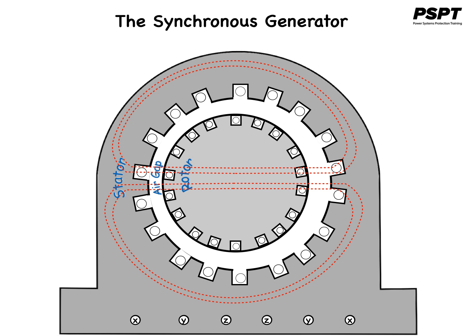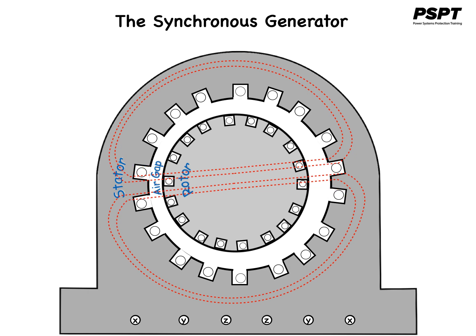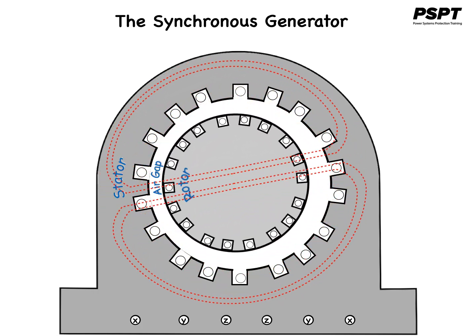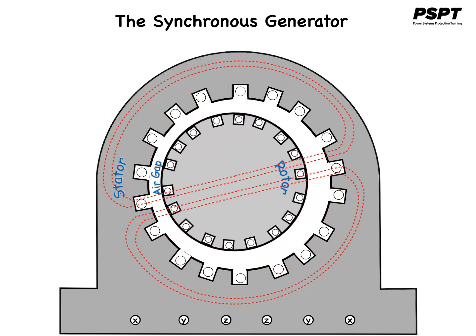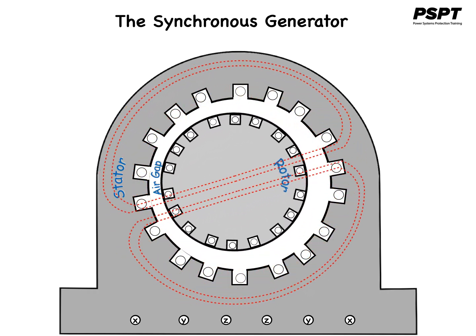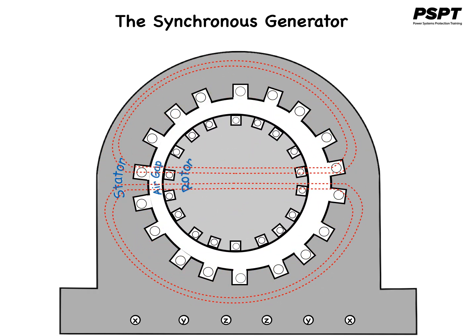This includes non-salient pole type rotors and stators that have their windings distributed in slots around the circumference of the machine. As the rotor rotates, the magnetic field travels with it, linking the various stator windings as it travels. The magnetic flux in the air gap as the rotor travels links different stator coils at different times depending on the position of the rotor.